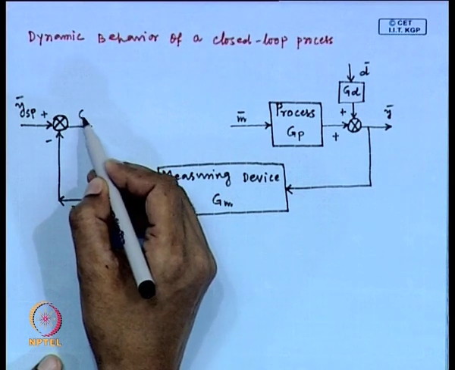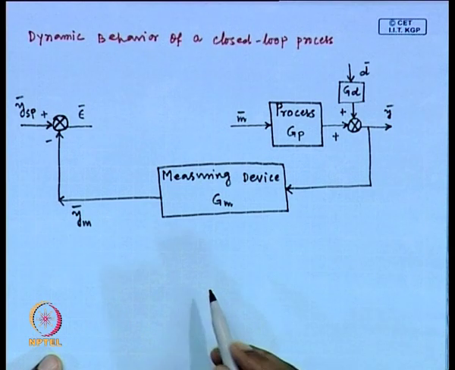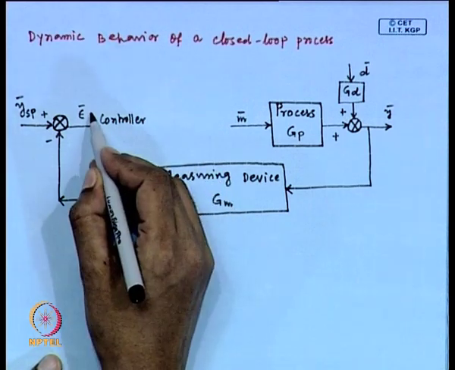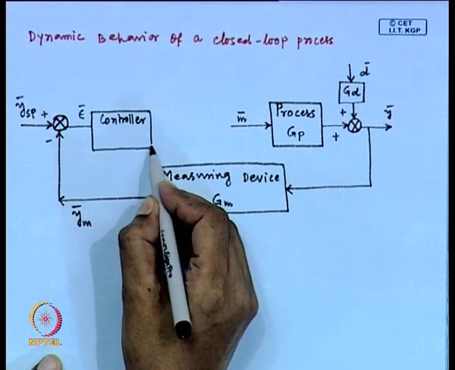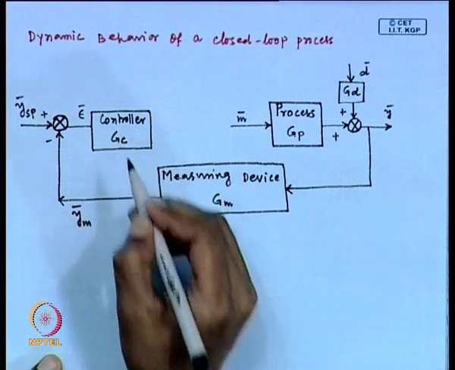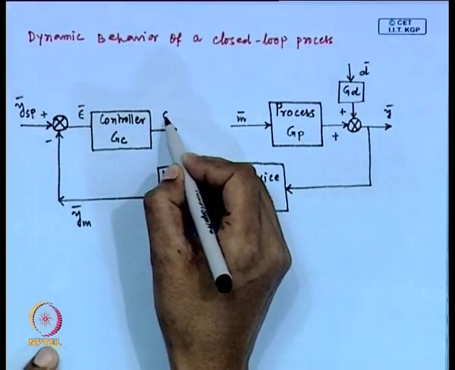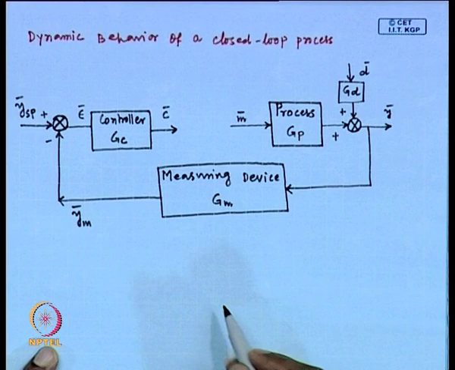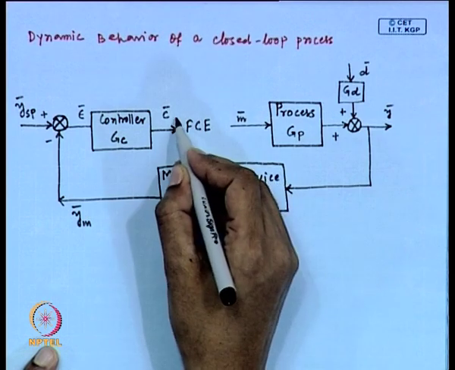The output of this comparator is epsilon and this output is supplied to the controller. The controller transfer function we are representing by GC. Controller output is say C, and this C is implemented through the final control element FCE.